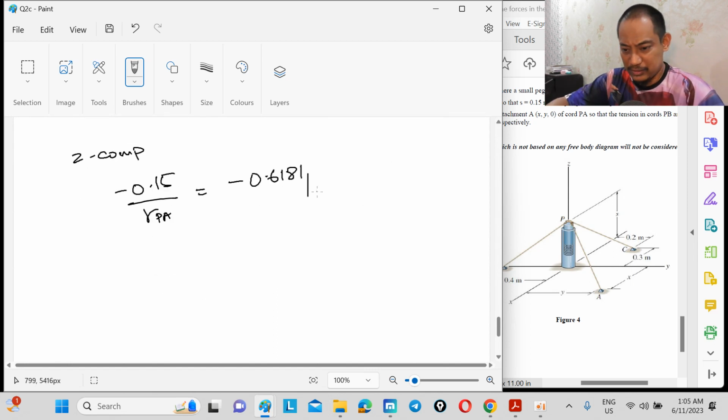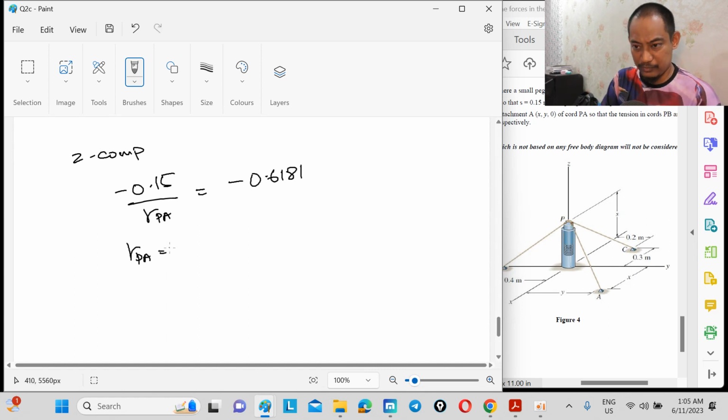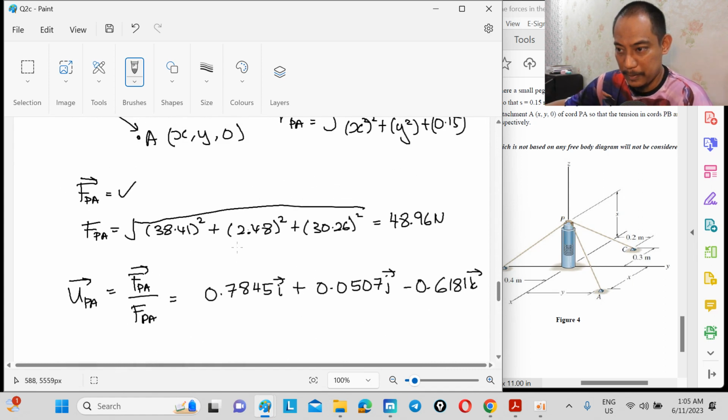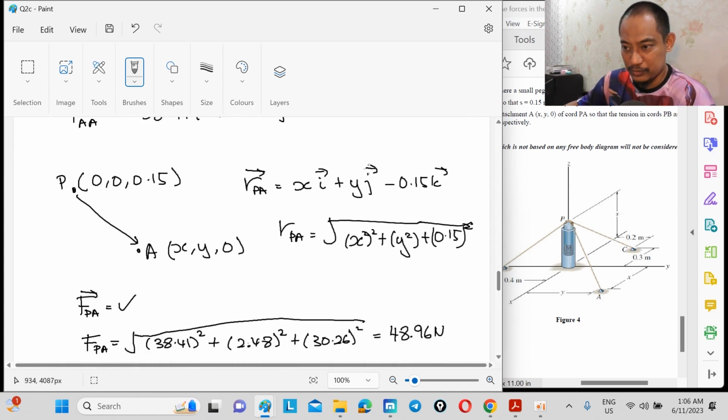From here you can see that RPA can be obtained as a number. So minus 0.15 divided by minus 0.6181, so it is 0.2427 meter basically.